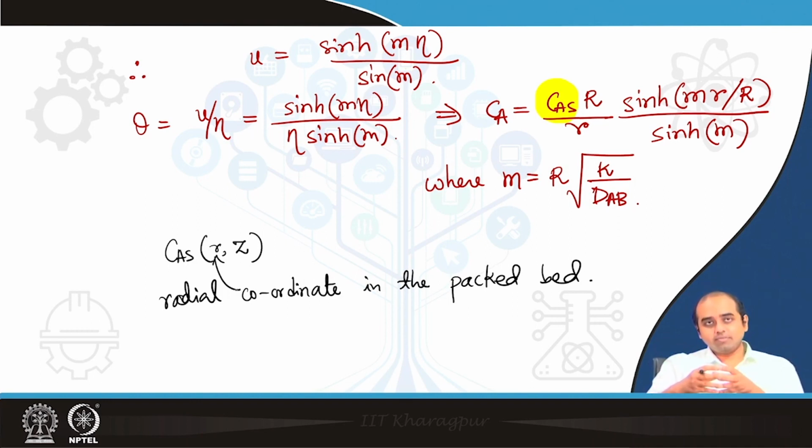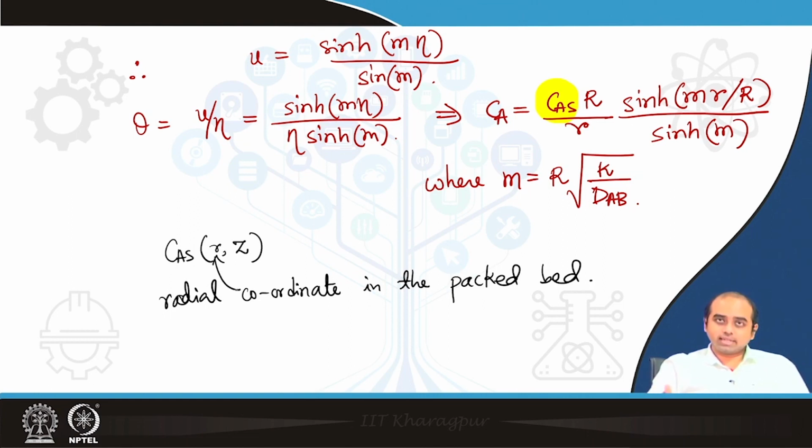That is actually linked to the reaction term. If you recall, this CAS is linked to the particle surface concentration, where we made an assumption that the reaction contribution to the packed bed reactor is given by the particle surface concentration minus Ca, which is the bed concentration, and then we assumed that CAS can be considered negligibly small.